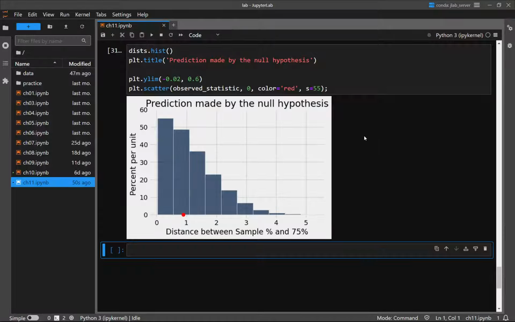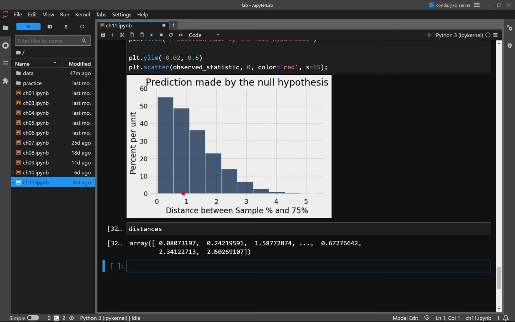So what we can do is count how many times, let's see. Because we have this distances array, we can count how many times it was this far away or any less, something like that, because that would give us firepower for whether the null hypothesis is correct.